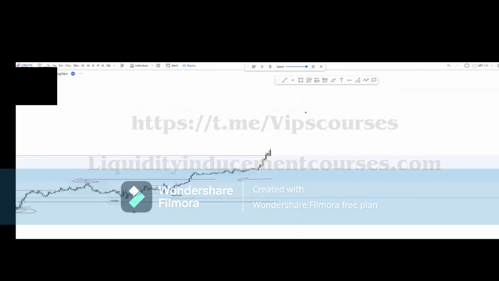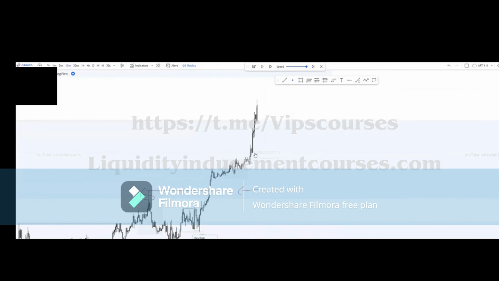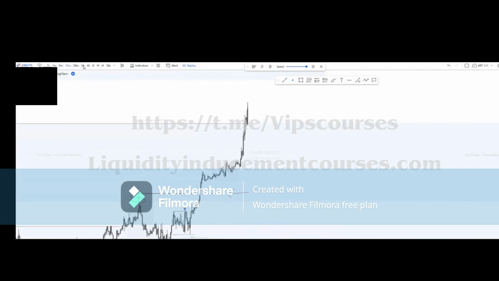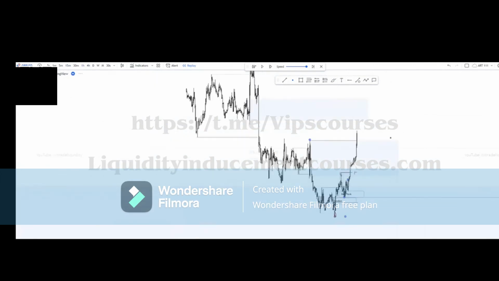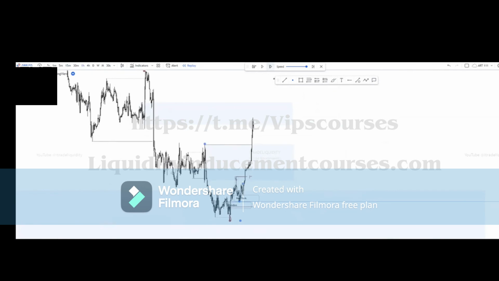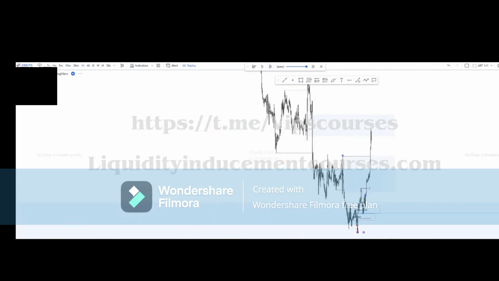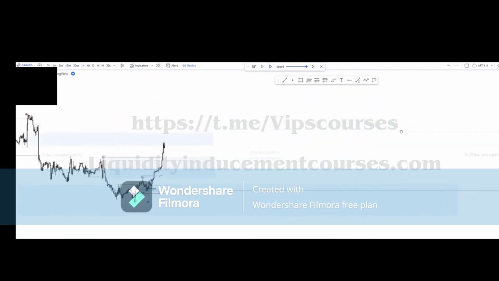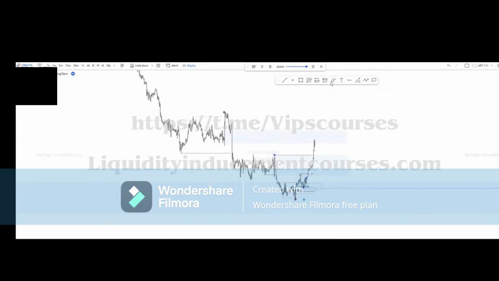So if we go down to the 15-minute, this was London. This is still London. So let's go back to the 1 hour and see what happens when price comes up here. All right, now price is here. Like I mentioned, this is a range within itself. This is internal liquidity of this range.